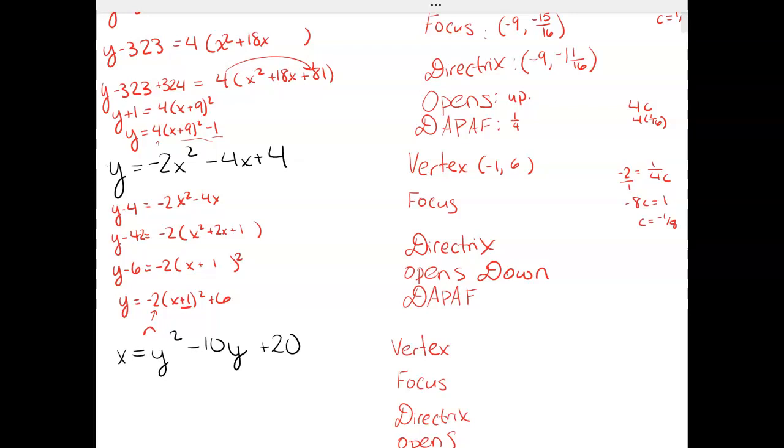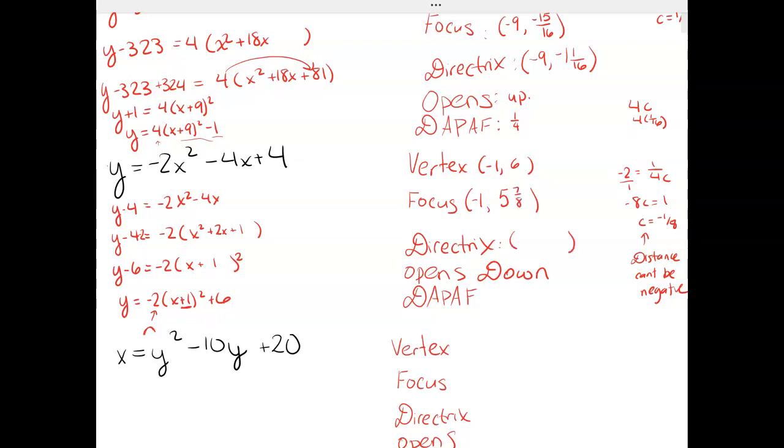How does that make sense? Well, remember, distance can't be negative. So if I want to go 1/8 down, I'm going to change my y coordinate and go down 1/8, which would be 5 7/8.